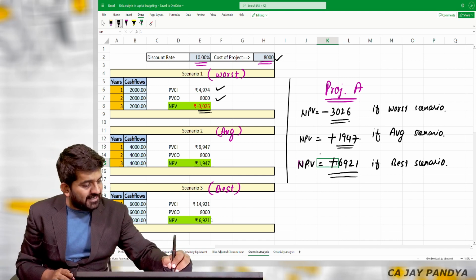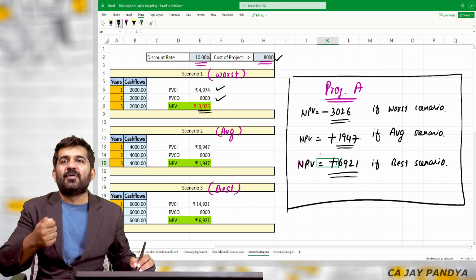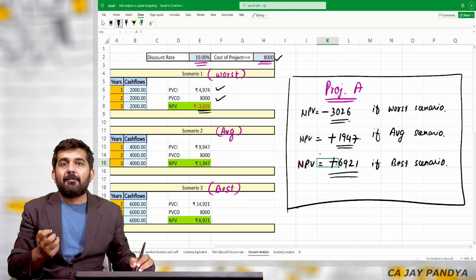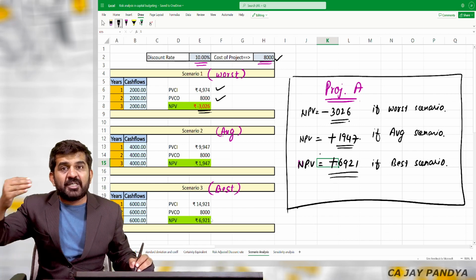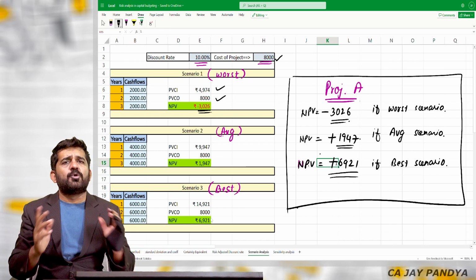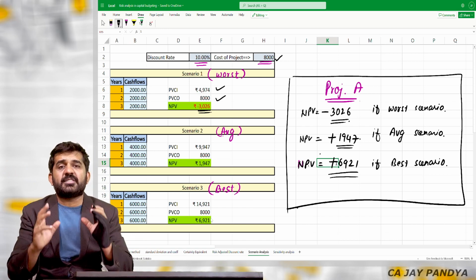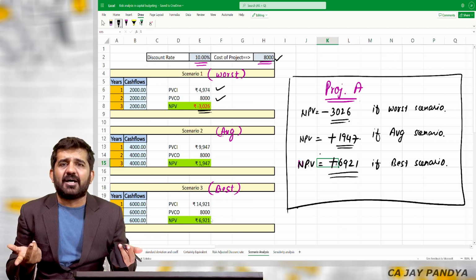You will present this data, and the CEO will take his own call by incorporating risk into the capital budgeting decision. What is a risk? There will be a worst scenario. He will find out the probability, he might do some calculation, and incorporate risk while taking capital budgeting decisions. This is nothing but scenario analysis.